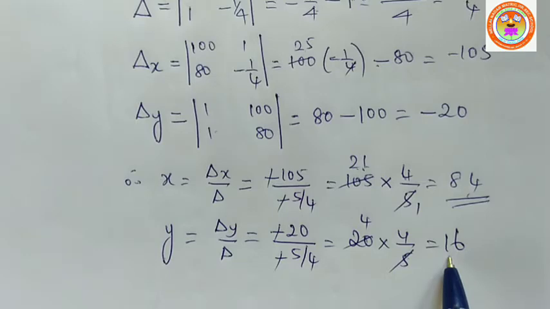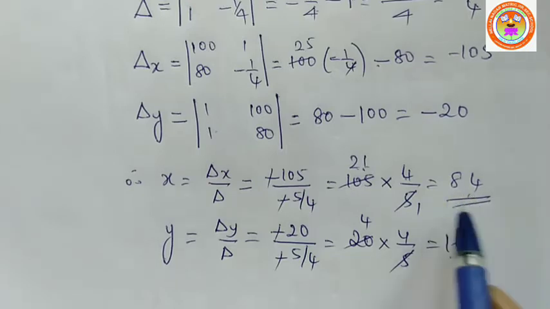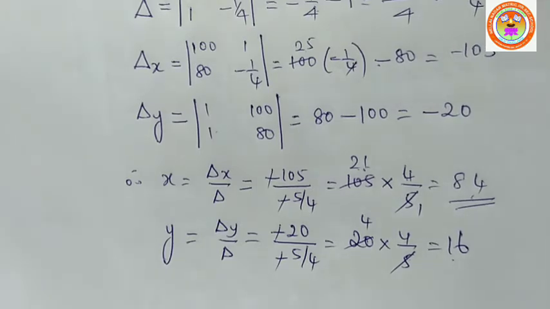So we can conclude that the student answered 84 questions correctly and the remaining 16 questions wrongly. Is it clear?